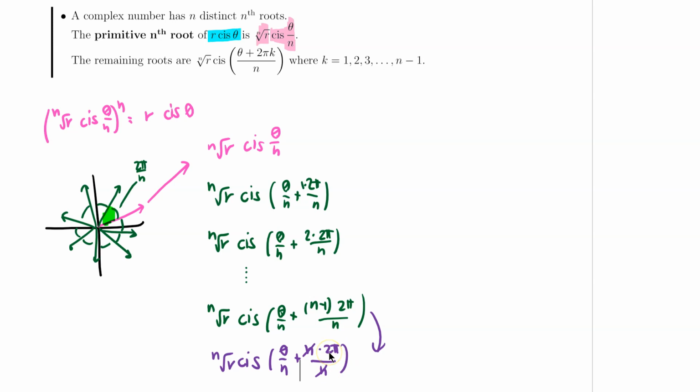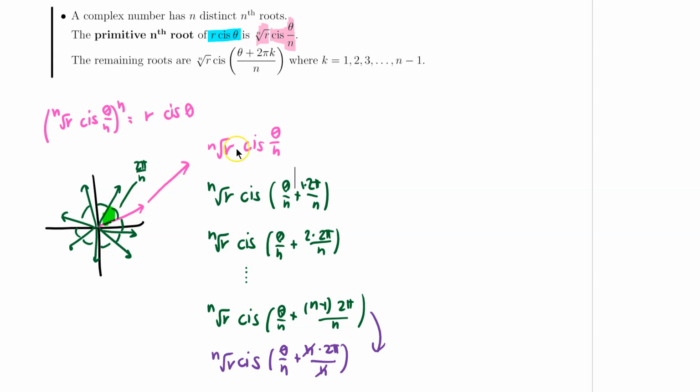But if I add 2 pi to an angle, it's going to be the same thing. So the purple guy here is just going to be the same as the pink guy, the first primitive nth root that we saw earlier. So this is one thing. You can kind of see here as well, if you keep adding 2 pi over n, it will eventually come back to be the pink vector again.